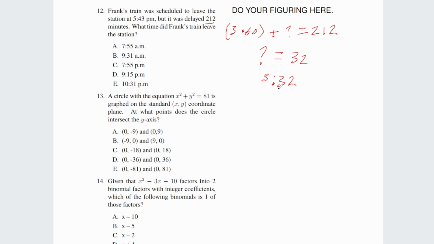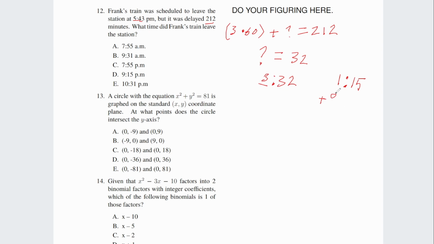So we need to add 5:43 and 3:32. So 43 and 32 leaves us with 75. In other words, 1 hour and 15. In other words, 1 hour and 15 plus 3 hours and 5 hours.